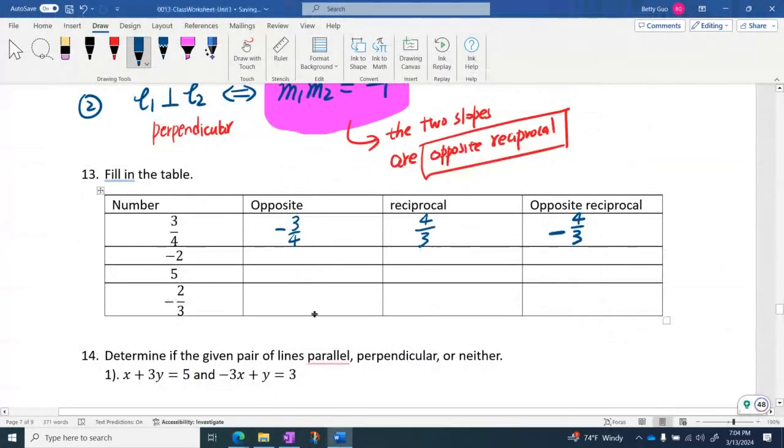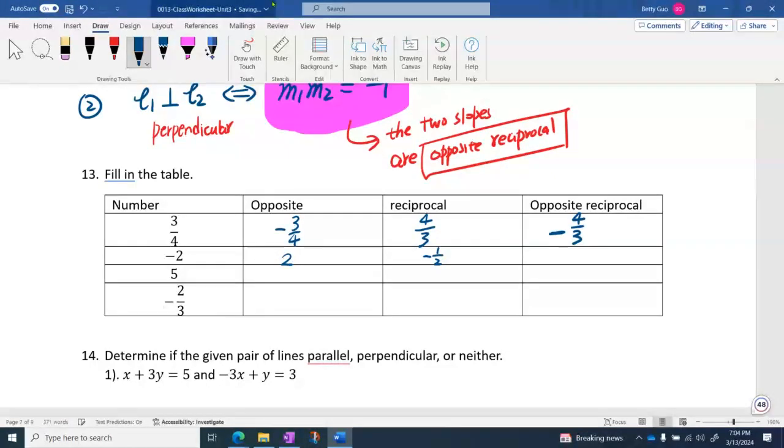That's clear. Now I'm going to do the rest of number 3. If you don't agree with one answer, just let me know. -2. The opposite of -2 is positive 2. Very good. The reciprocal of -2 is -1/2.